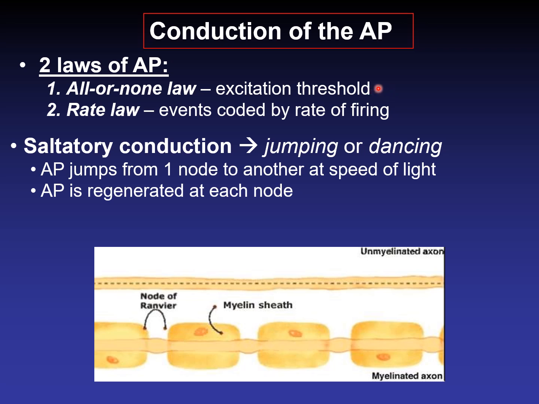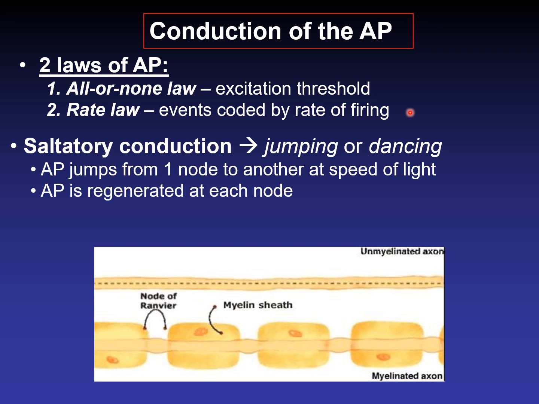But it can't do that through the intensity of the action potential, because the intensity of the action potential is always the same. So instead, we have the rate law, which says that the dim light will be coded by fewer action potentials, whereas a bright light would be indicated by a greater number of action potentials.